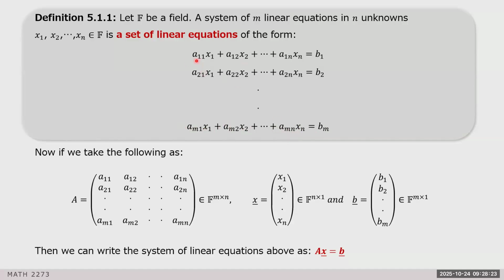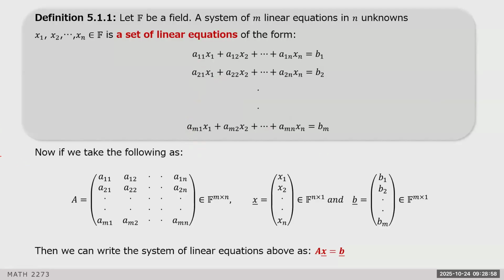Another way you could think of it, what has two indices? A matrix. The entries in a matrix have two indices. You could think of these equations as forming rows. You could think of the unknowns as forming columns. So the first index you could think of as a row number. The second index you could think of as a column number, right?